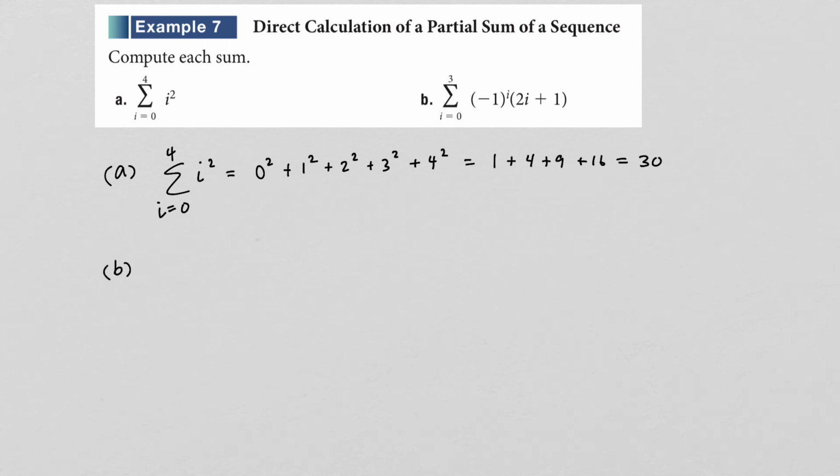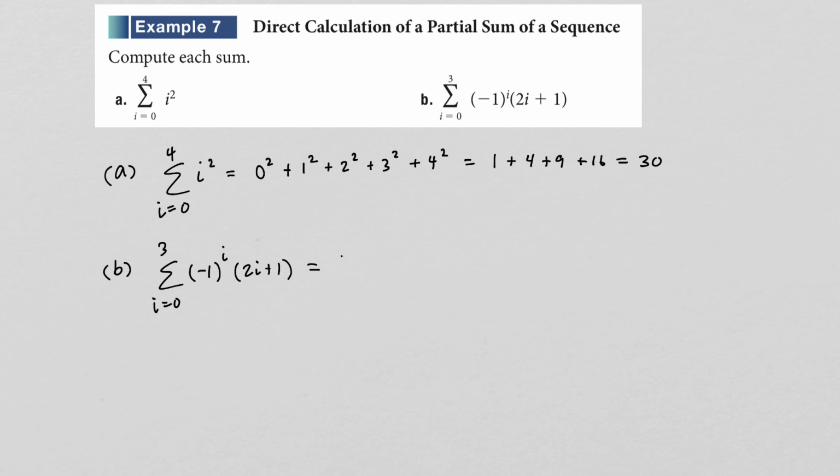For the next one, we have the sum i equals 0 to 3 of negative 1 to the i power times 2i plus 1. Again, we're just going to start by plugging in i equals 0, then i equals 1, i equals 2, and i equals 3. Then we're going to figure these out and add them up.